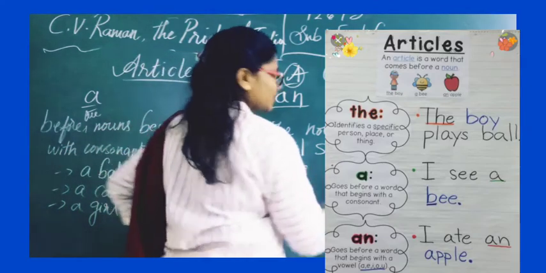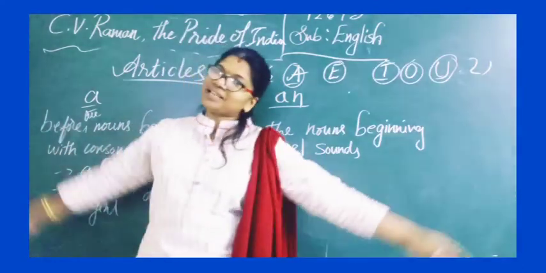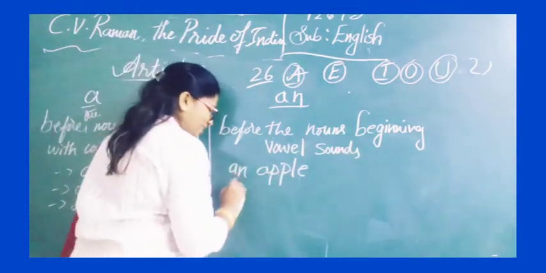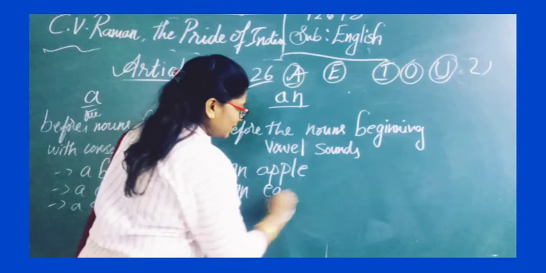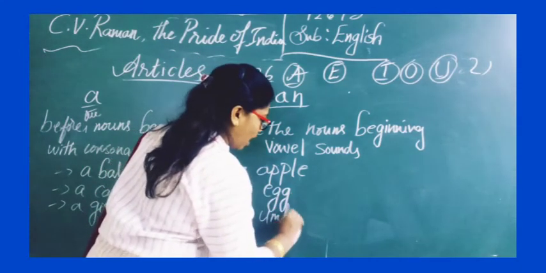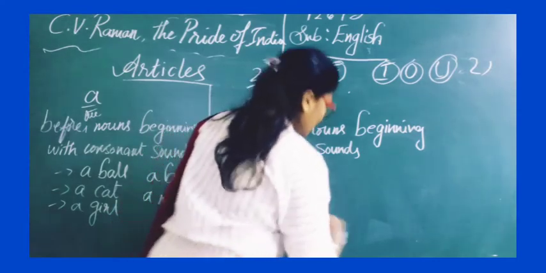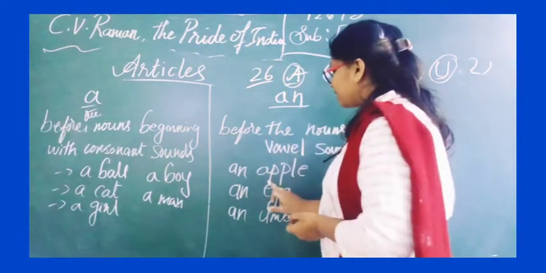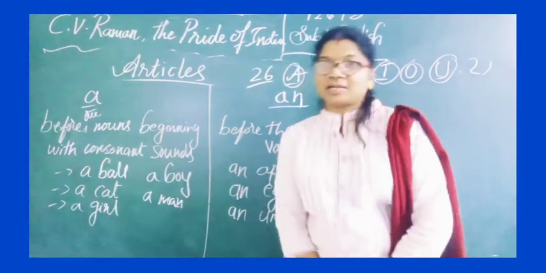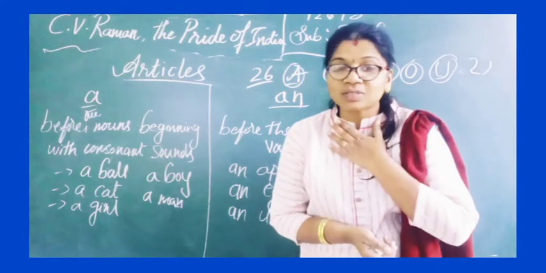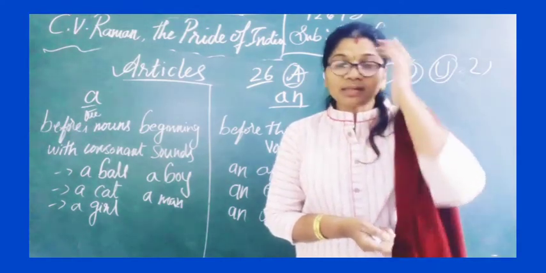Whenever I ask any child for an example with article an, say an apple, an egg. But remember, an umbrella you say umbrella. You have to remember that don't see the letter before you use articles. You have to observe the sounds.